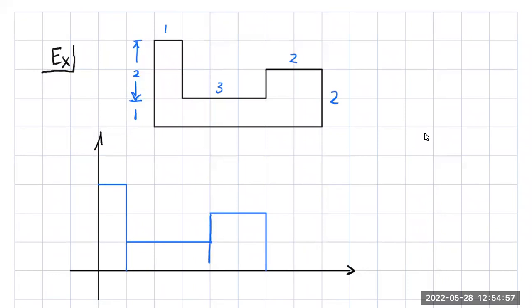And I'm going to break it up into 3 separate blue rectangles.